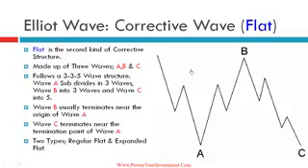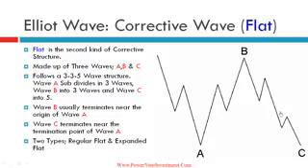In this case, wave A divides into three segments, that is 1, 2, 3. Wave B again divides into three segments, 1, 2, 3. And wave C divides into five segments, 1, 2, 3, 4, 5. So you get a 3, 3, 5 structure.